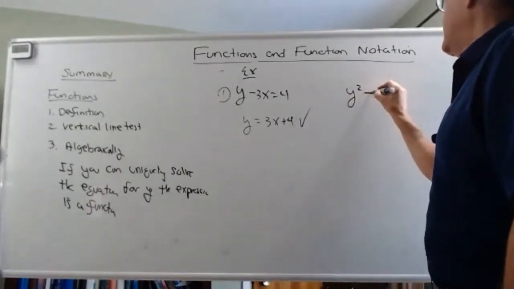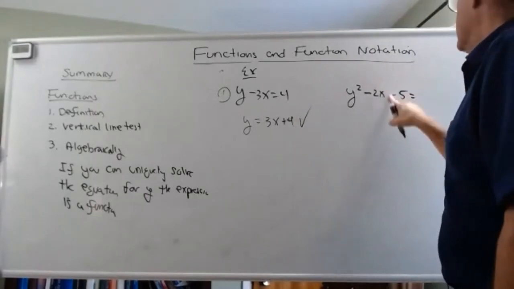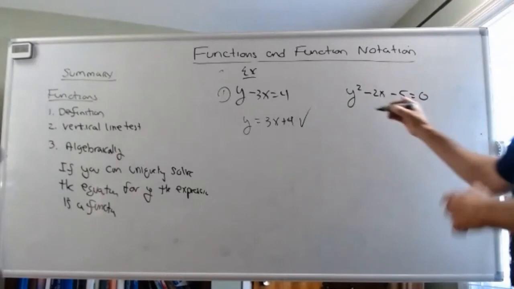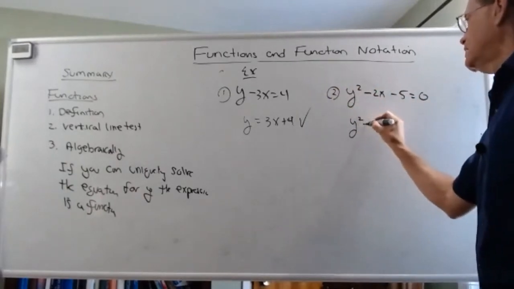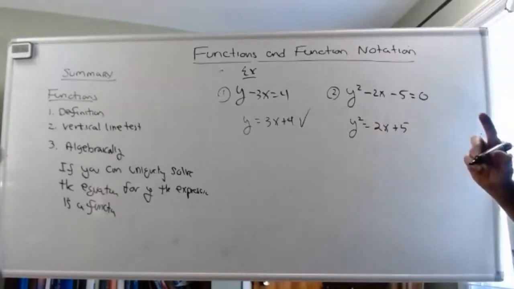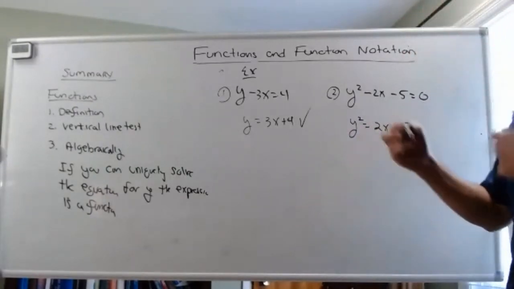What about this? y squared minus 2x minus 5 equals 0. Okay, I'll try to solve this for y. Let's move that over. So I get y squared is 2x plus 5. Now I take the square root. But remember, when I take the square root, I have to look for both the positive and negative values.